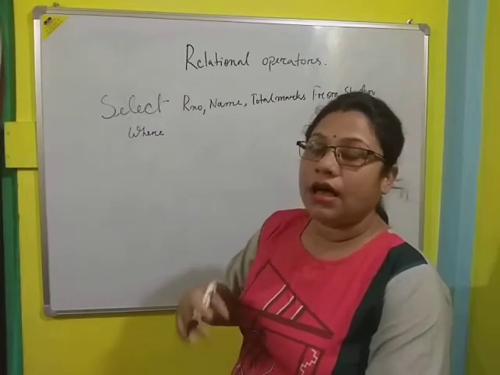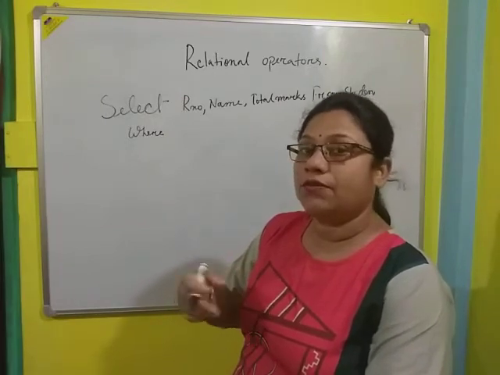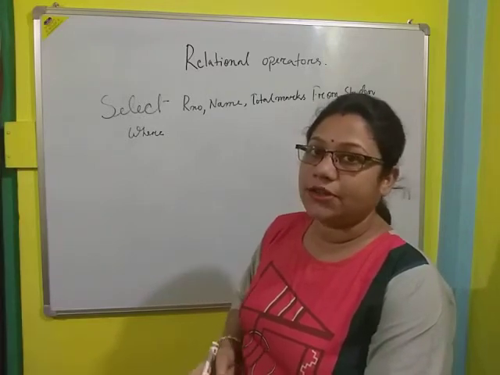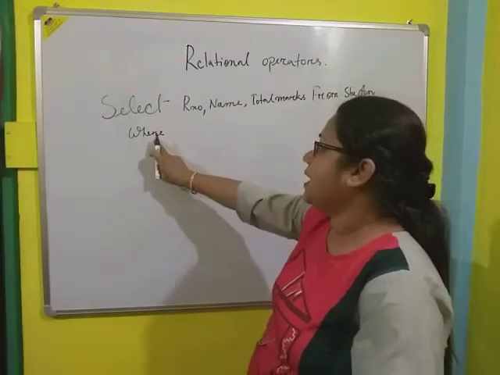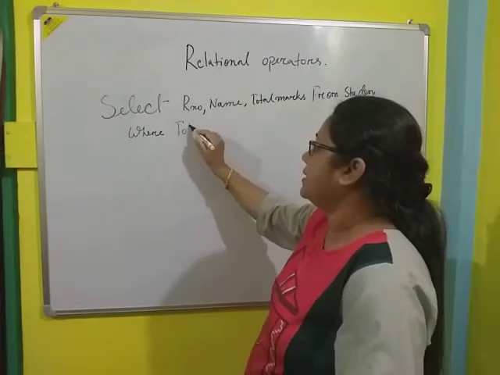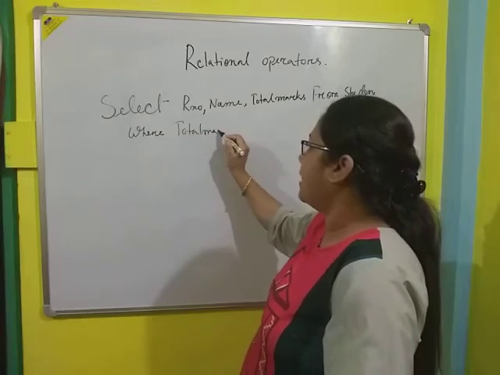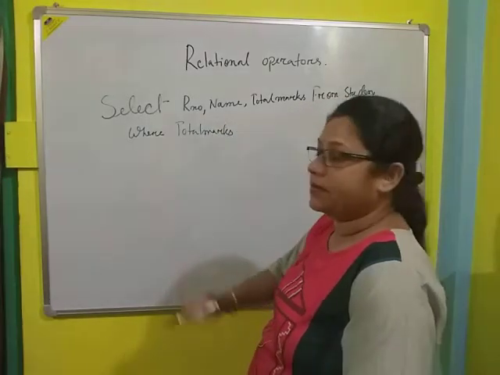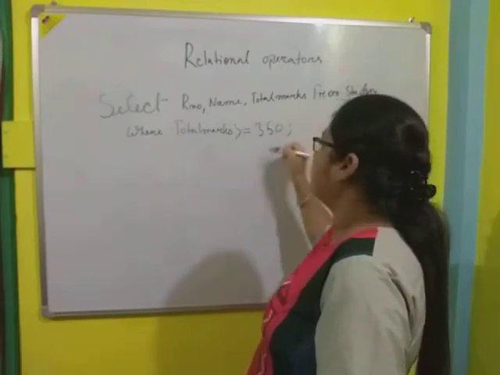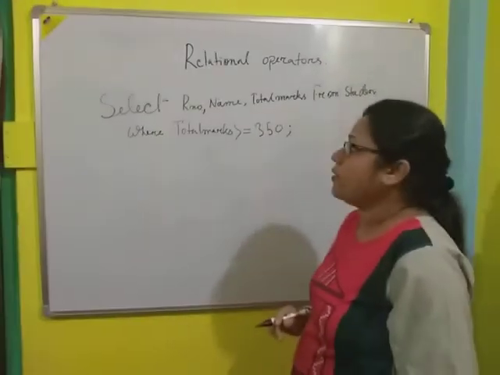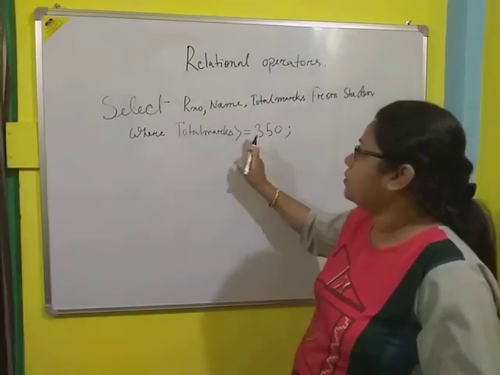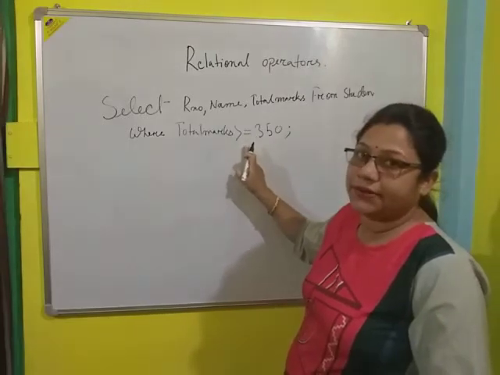What I want is to display the names of those students whose total marks are greater than equal to 350. So here you write down where, then the field name, that is total marks, greater than equal to 350. So this is the way to write the SQL statement where we use the relational operator.